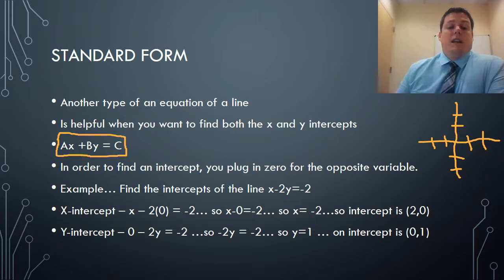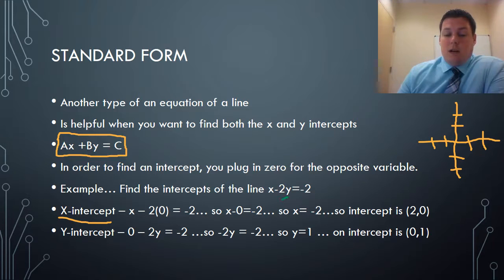In order to find the intercept, all you have to do is plug 0 in for the opposite variable. So if your question asks find the intercepts of the line x minus 2y equals negative 2, in order to find the x-intercept, you're going to plug 0 in for y. So it's the opposite. If I plug 0 in for y, my equation becomes x minus 0 equals negative 2.